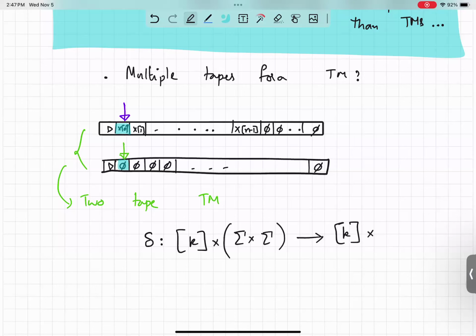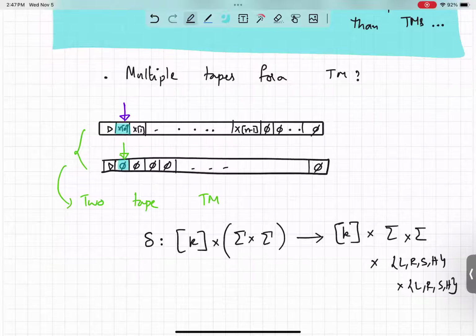And what else? I have to specify if I'm rewriting this symbol. I have to say what I'm doing for the second head. Okay. And lastly, I have to tell you what happens for the first head and what happens for the second head. Okay, very natural extension.